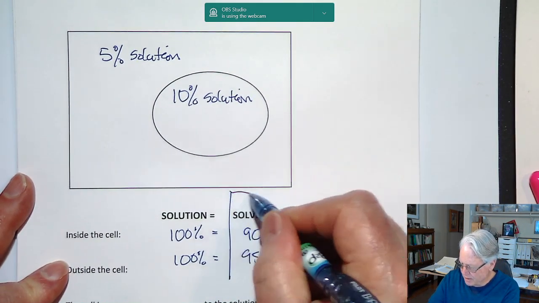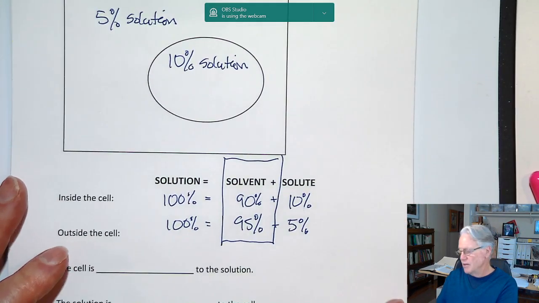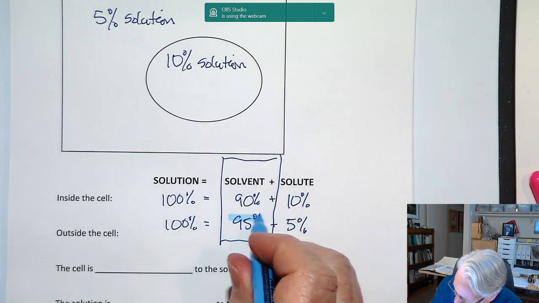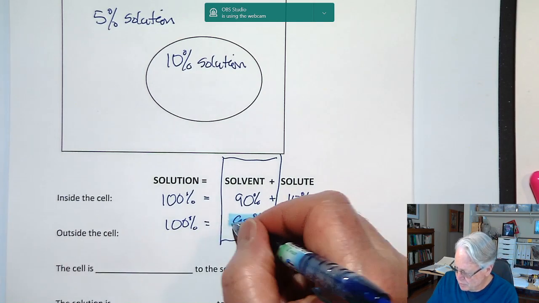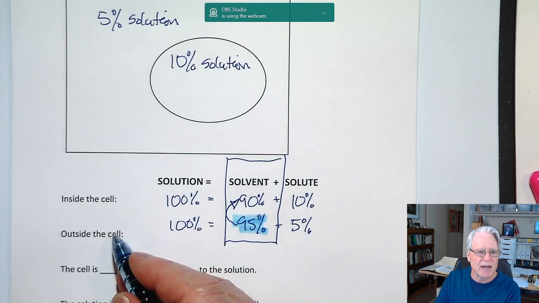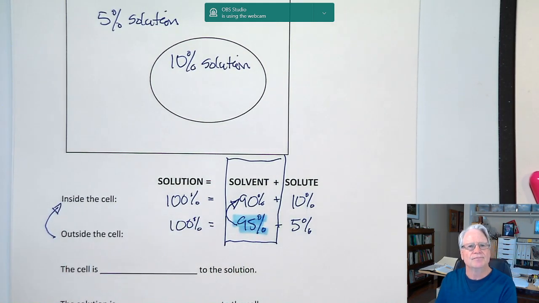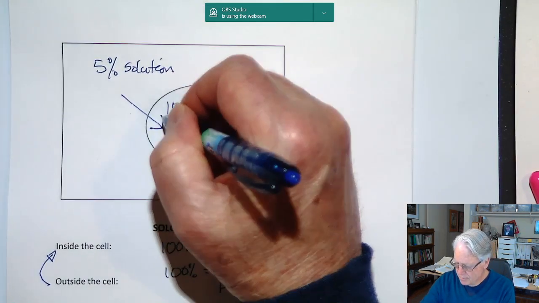Is there a difference in the concentration of the solvent, of water? Yes, there is. As you can see, this has a higher concentration. So water is going to move from this to there. Water is going to move from the outside of the cell to the inside of the cell. So outside, in.